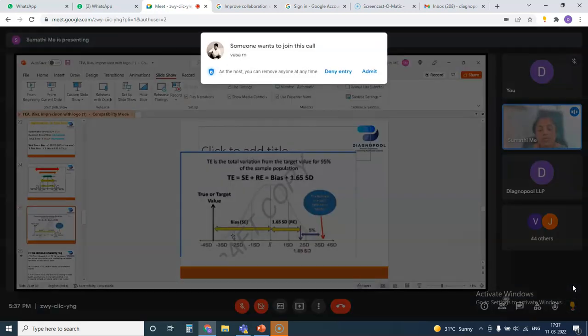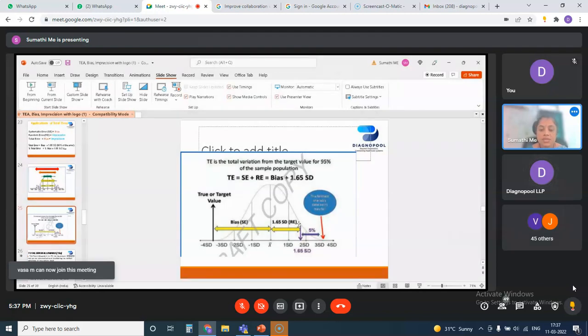So in order to avoid overestimating the errors, we are going to take only the 1.65 SD, not the 2 SD. Okay. Is it clear? Because only the 5% is excluded from the other side because it is included in the bias calculation, and it will prevent the overestimation of your error. Okay.